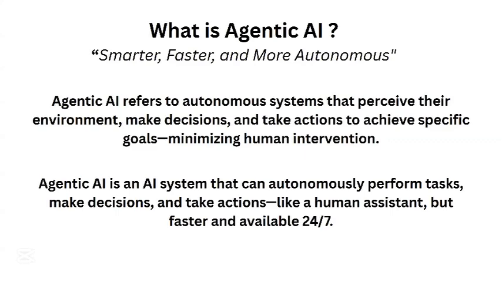So when we talk about agentic AI, it refers to autonomous systems. Autonomous systems. So it will happen most of the time automatically; there shouldn't be someone to operate it. In order to achieve a specific thing, we can create an AI agent.